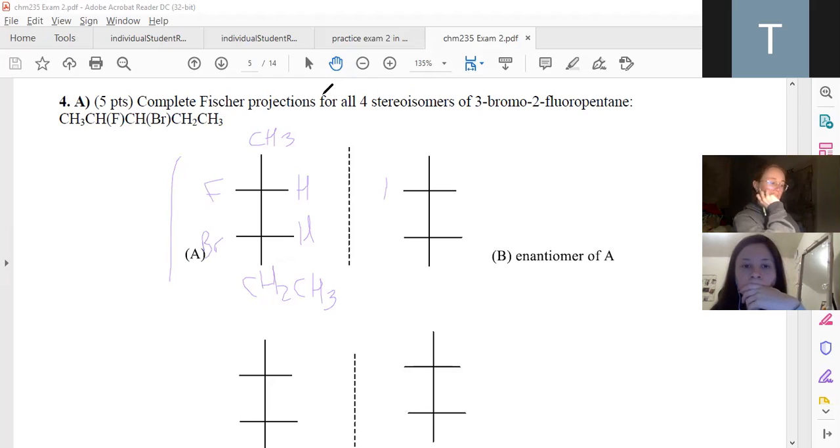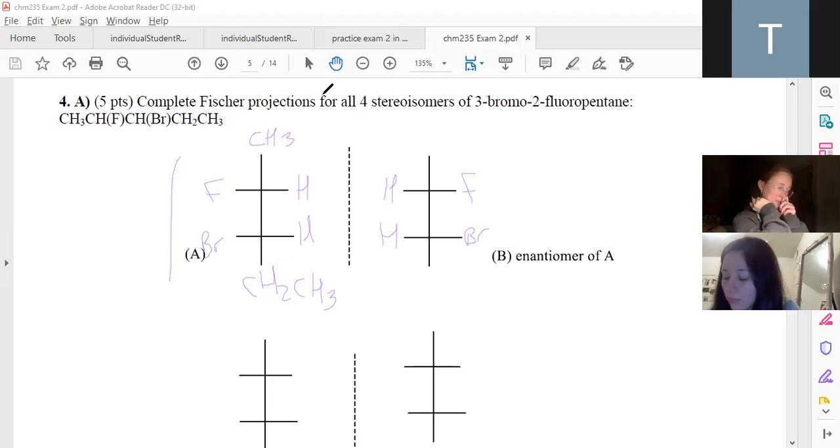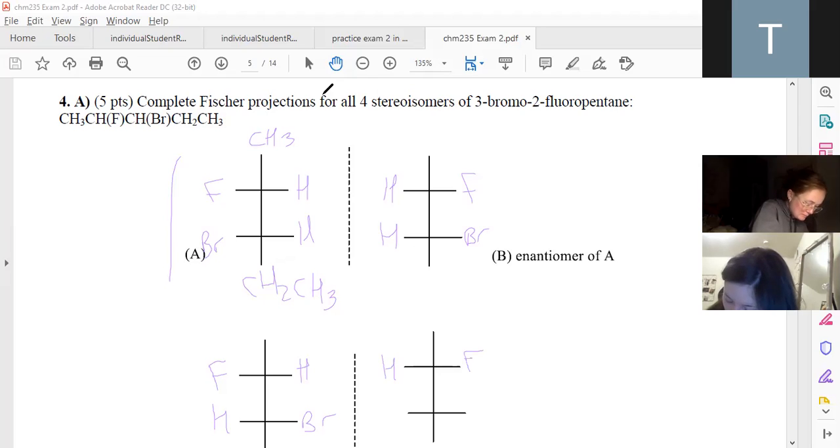So H, F, Br. For the bottom one, if you keep the top one the same, F, H, you flip the bottom one. So this becomes H, Br. And then if you do this one, you flip the top one, but you keep this the same. And then still the same CH2 up here on top for all of them. Does that make sense for how to do that?